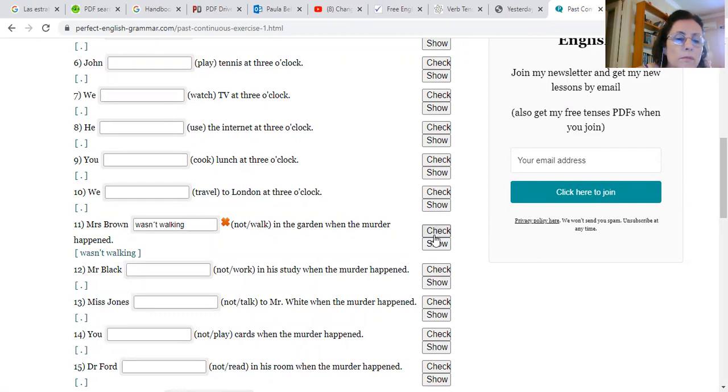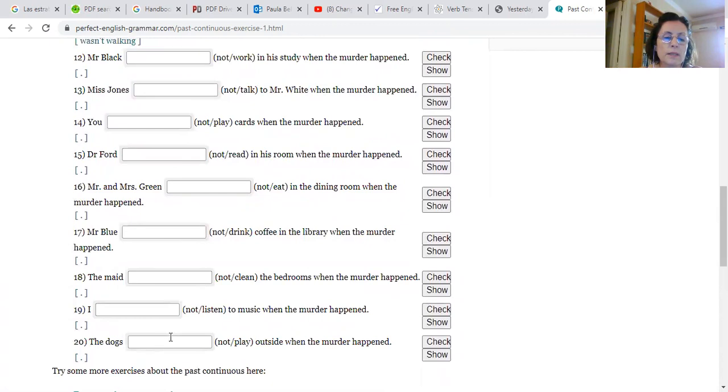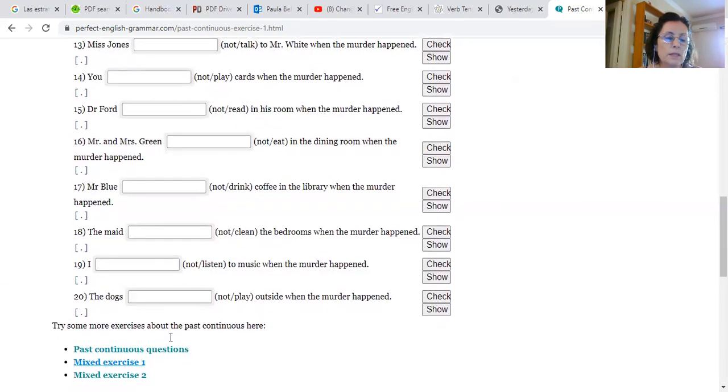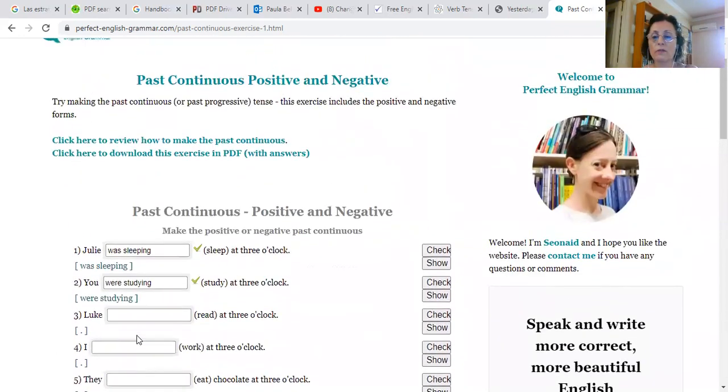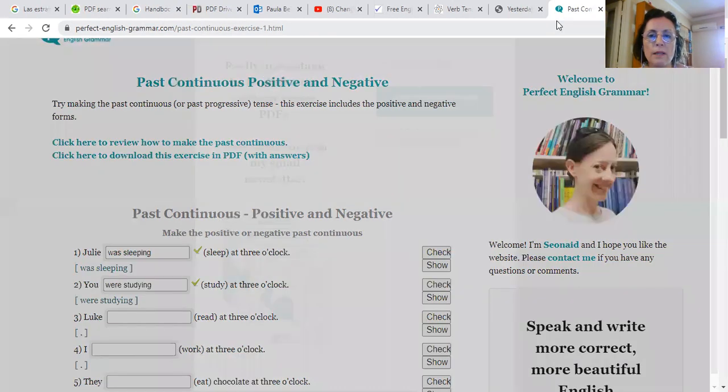What happened? Wasn't working. Well, somehow it doesn't recognize it, but it's okay. So there you can practice the positive and negative, and then you have more mixed exercises. So you have a great opportunity here to practice was, where, and past.